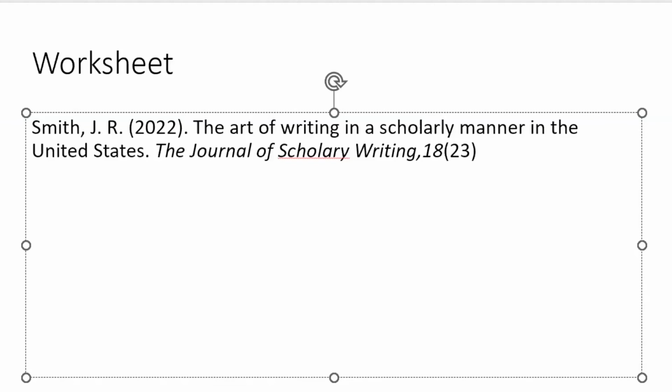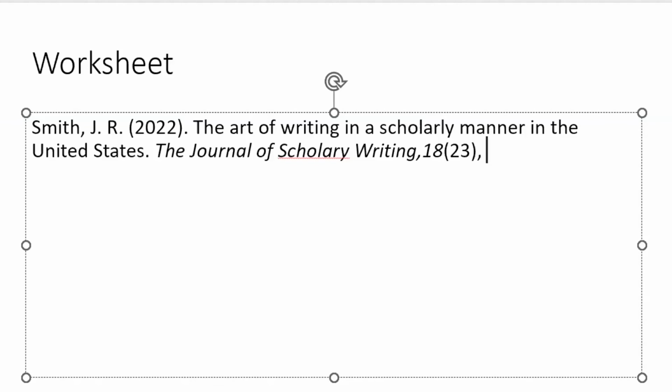So you're not using any text to identify what the volume or the issue is. It is understood in the APA format world that the volume number is always going to come after the name of the journal in italics. The issue number will always be in regular font.